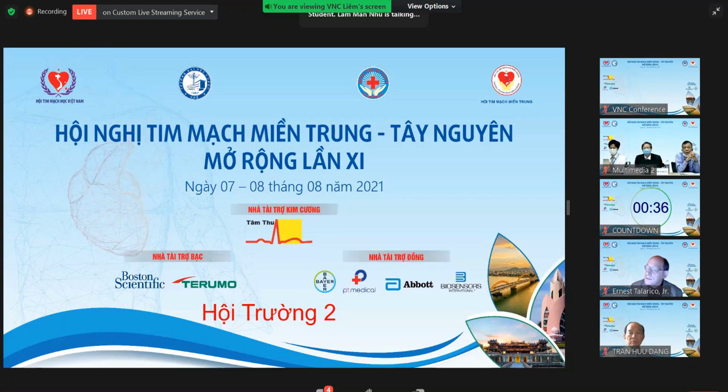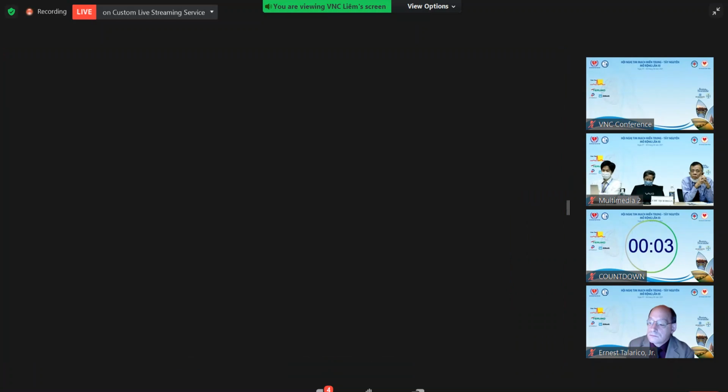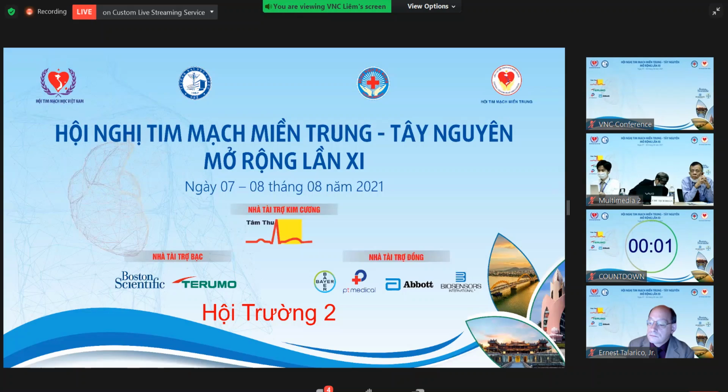The velocity and the pressure are based on Bernoulli's principle. Let me explain it further. When the blood goes through the narrow part of the coronary artery, the velocity is high and the pressure is low. There's a connection between them because it's based on Bernoulli's principle.